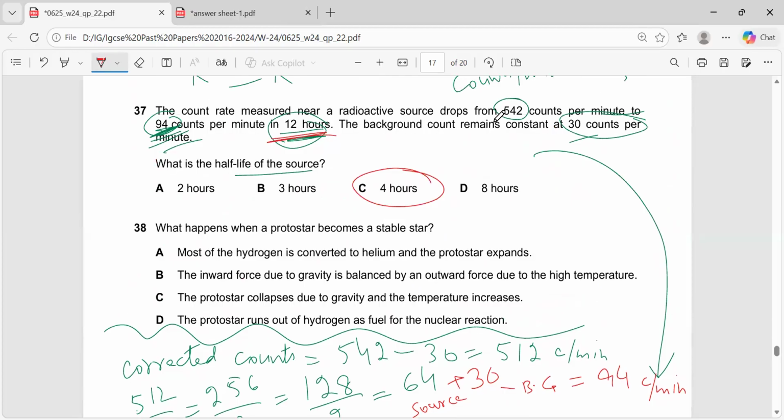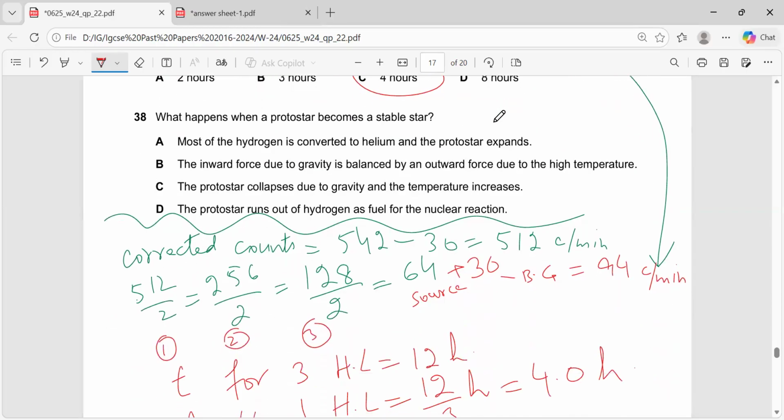Again, count rate dropped from 542 to 94 in 12 hours, and background is 30. What is the half-life? First of all, we need to make the corrected counts. 542 minus 30, 512 counts per minute. Now after 12 hours, 94 counts are left. Let's start dividing by 2 to reach 94.